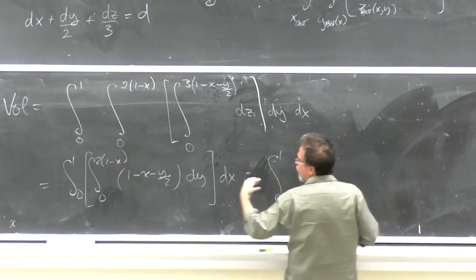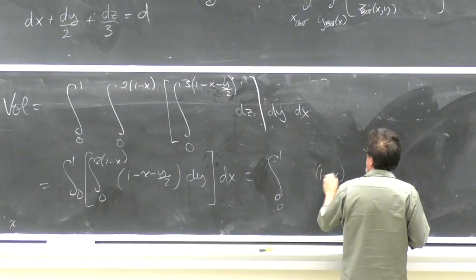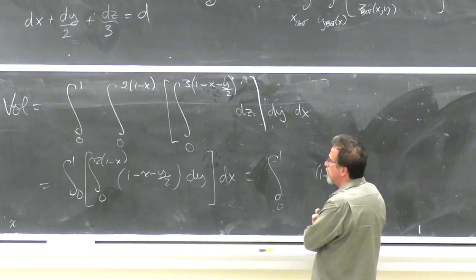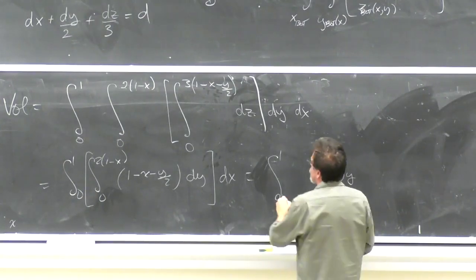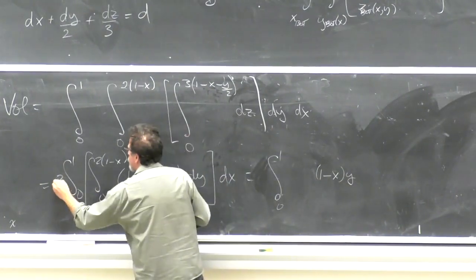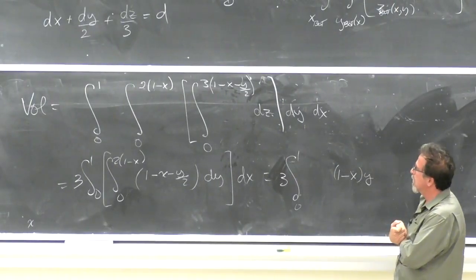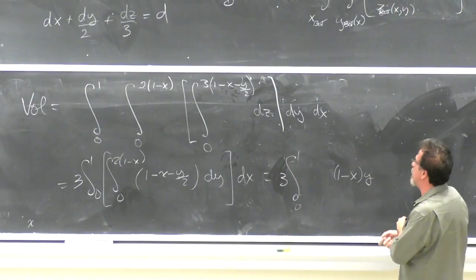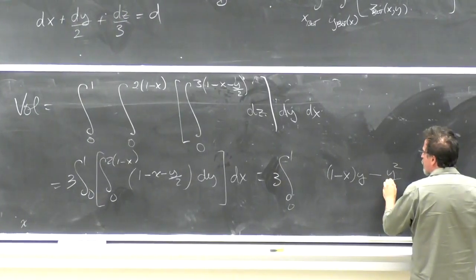So the integral of 1 minus x with respect to y is 1 minus x times y. It comes out of the front. Thank you. 1 minus x times y minus y squared over 4.